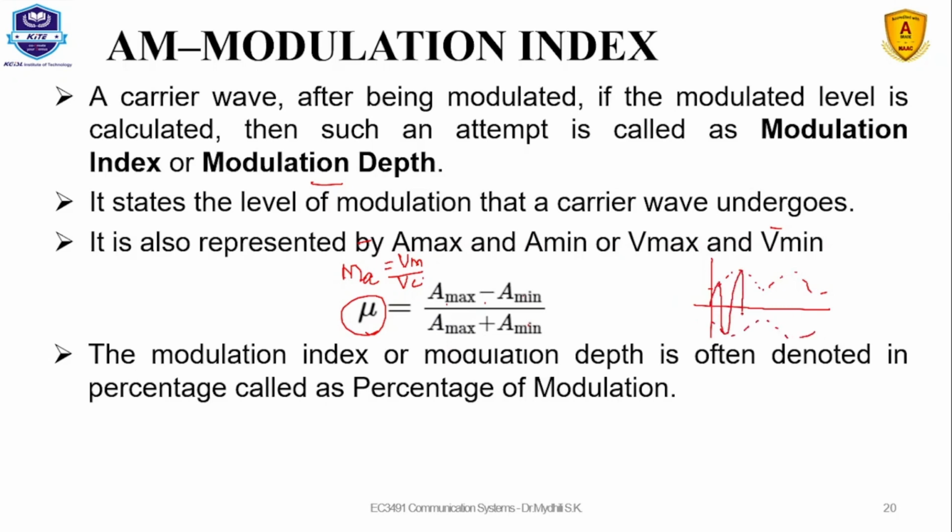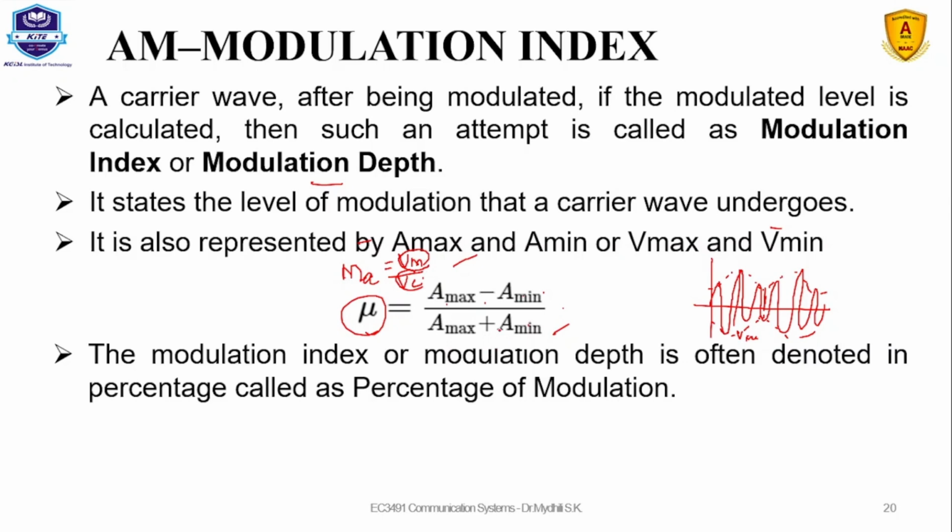So this is the amplitude modulated signal, with this being the Vmax situation and this being the Vmin situation. When we substitute for Vm and Vc and solve it, you will get the equation Vmax minus Vmin over Vmax plus Vmin. So the modulation index has two equation formats, one with respect to message voltage and one with respect to minimum and maximum voltage.